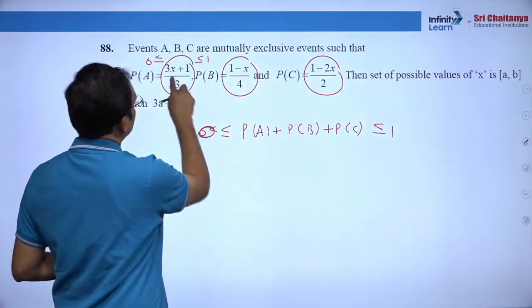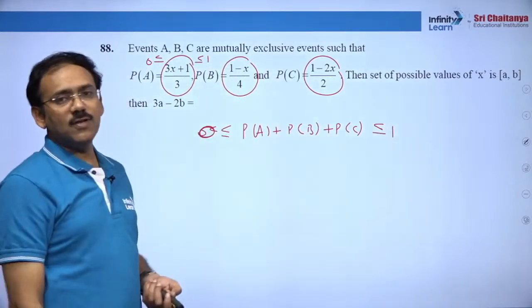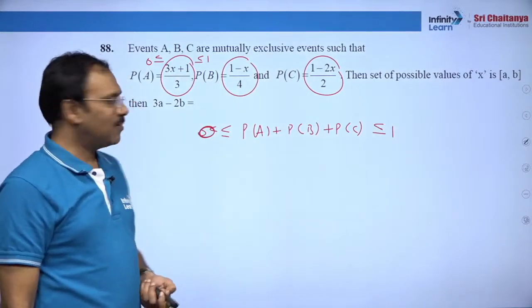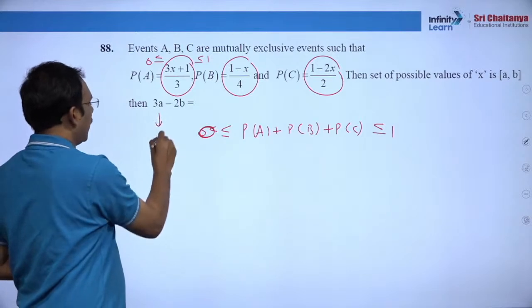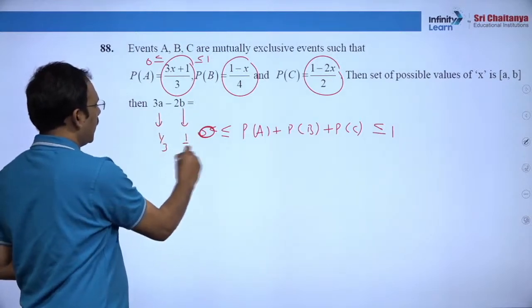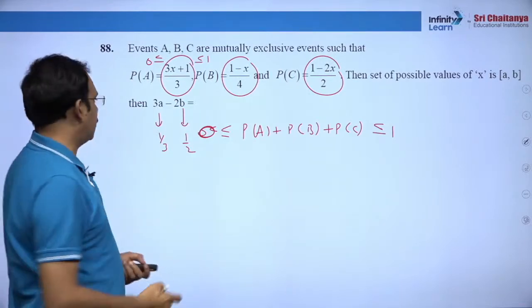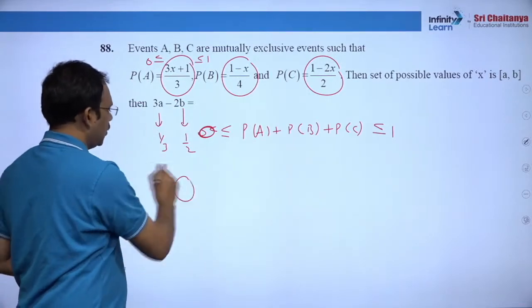That means the sum of these three should also be between 0 to 1, which gives the range of A and B. You will get A value to be 1 by 3, B value to be 1 by 2, right? So that means x lies between 1 by 3 and 1 by 2, so the answer becomes 0 here.